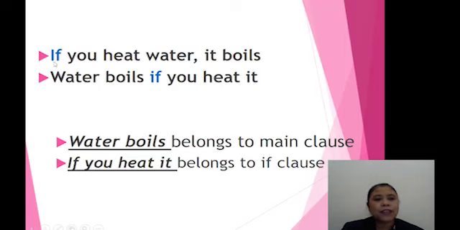If you put the if clause in front, you have to put a comma before the main clause. But if you put the main clause in front, and after that the if clause, you do not need to put a comma. Water boils belongs to the main clause, and if you heat it belongs to the if clause.